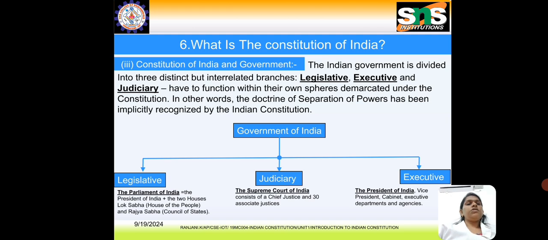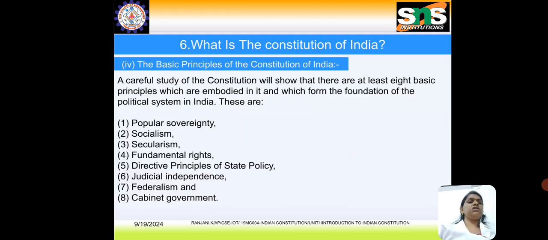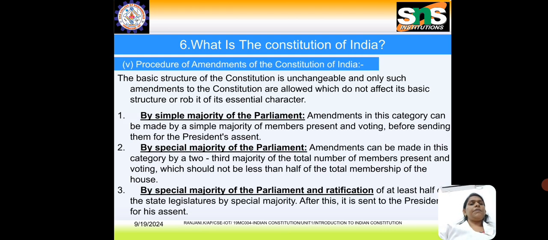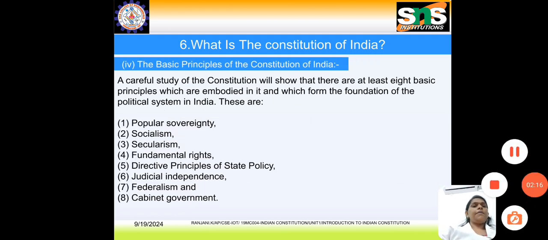Next is the judiciary, the Supreme Court of India, consisting of the Chief Justice and 30 Associate Justices. And next is the executive, that is the President of India, Vice President, Cabinet, and executive departments and agencies. So the basic principles of the Constitution are popular sovereignty, socialism, secularism, fundamental rights, directive principles of state policy, judicial independence, and cabinet government.